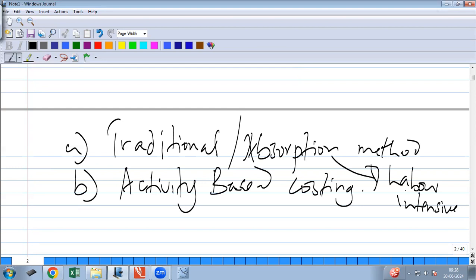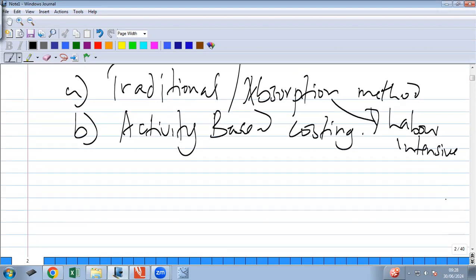Of course it is labor intensive, but sometimes if you hire staff in a production setting, you can buy machines for them to run. It is labor intensive, but at least it can have some machines. Unlike in activity-based costing, where the shift has changed because of technology.